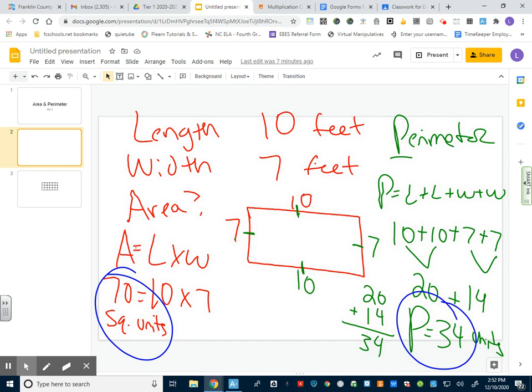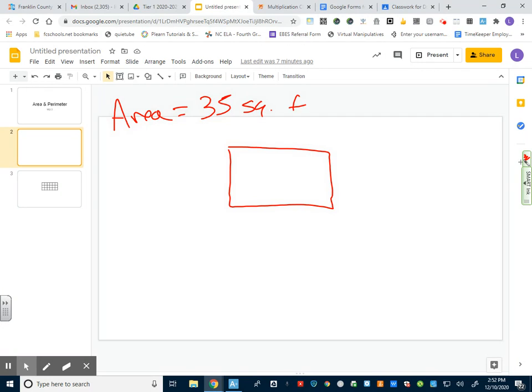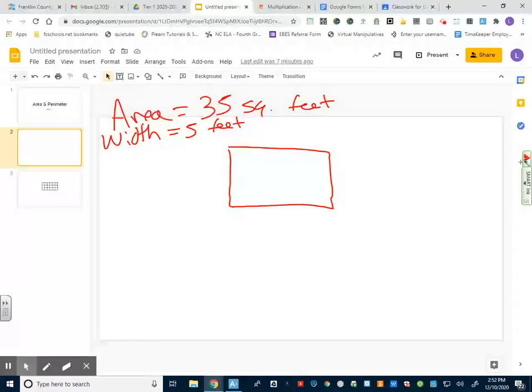We can also answer questions when we're given the area or given the perimeter. For example, if a rectangle has an area of 35 square feet and a width of 5 feet, what is the length?